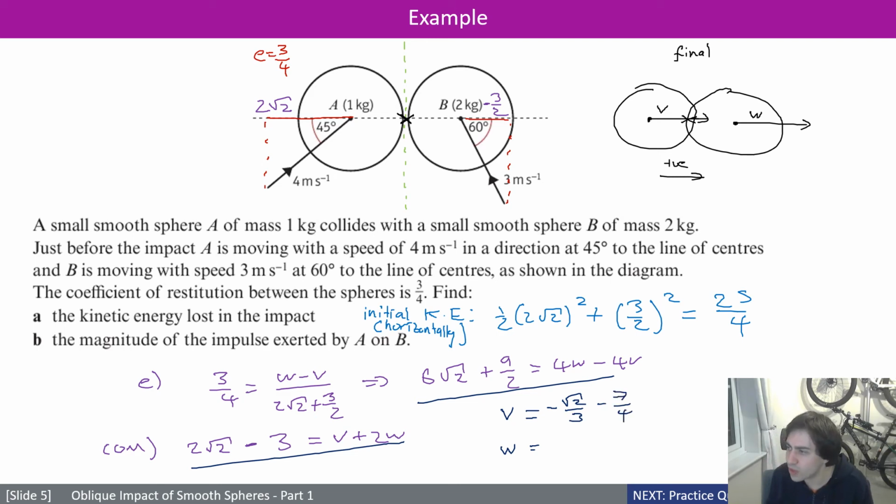I believe the textbook has that as positive, but that's only because I declared V as going in no particular direction, but right as positive. So now we know actually the left ball ends up going left, which makes sense. And then W, we end up getting 7/6 minus 5/8.